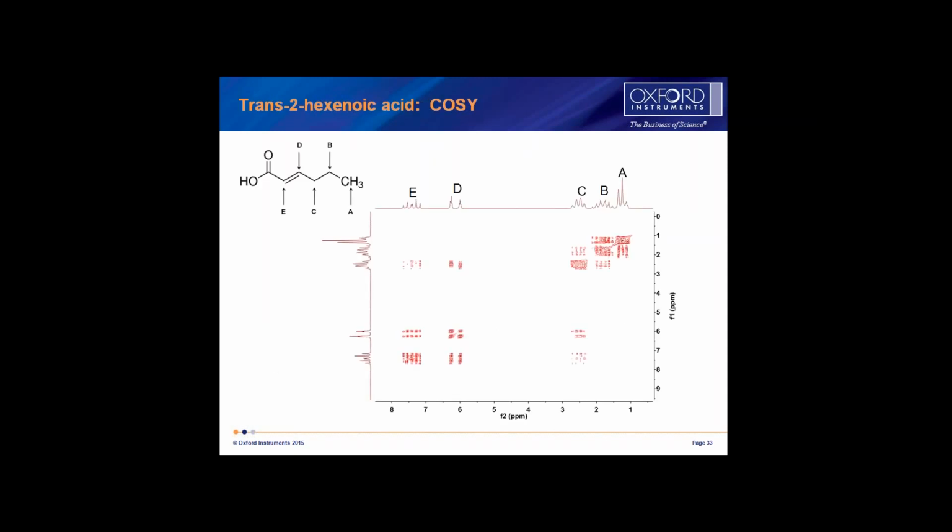If we look at the COSY experiment, as we looked at with the ethyl crotonate, we can find our little squares of pairs of spins. So that was AB, BC, CD, DE, and actually because of the double bond, we can see that C also has a coupling to E.